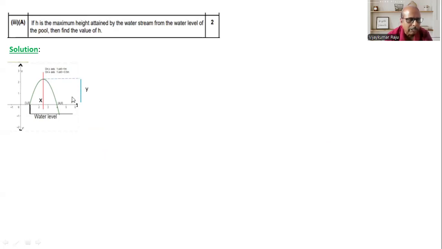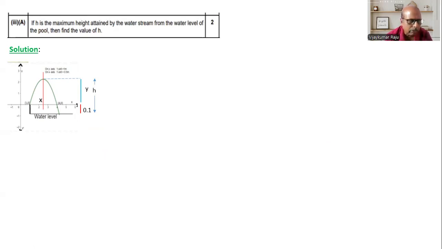So we have to find this y value and the pipe length above water level. This is 0.1 because it is given as 10 centimeters, if you remember from when we read the question. So what we have to find is this total height h, that is y plus 0.1.